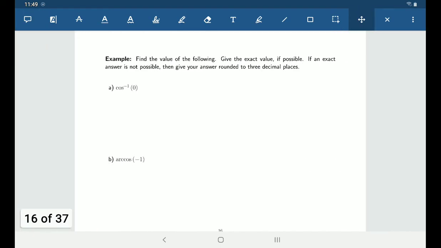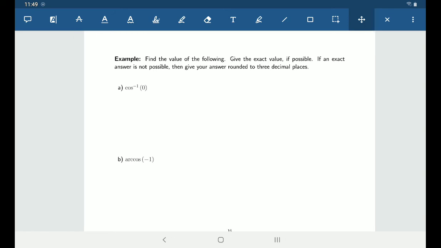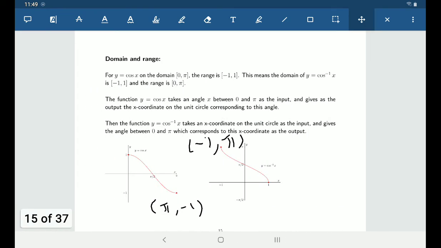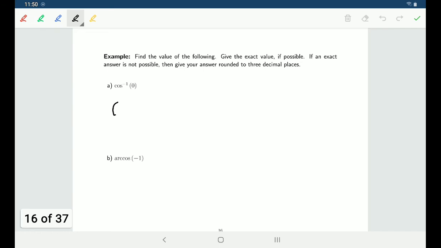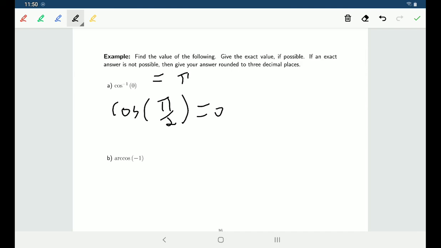All right, let's do some evaluating of inverse cosine functions. Cosine inverse of 0. If we're remembering our cosine graph, we know that cosine has a value of 0 at pi over 2, that cosine of pi over 2 is 0. So since cosine of pi over 2 is 0, then cosine inverse of 0 must be pi over 2.